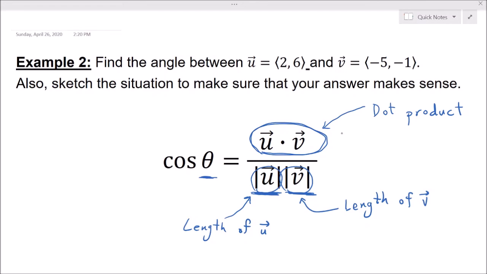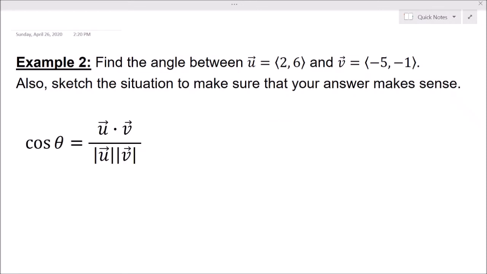So after we find what this big expression evaluates to, then we have that cosine theta is equal to whatever that number is, and to get theta by itself, we can just take the inverse cosine on both sides. So let's take this example step by step. First, let's find the dot product here.